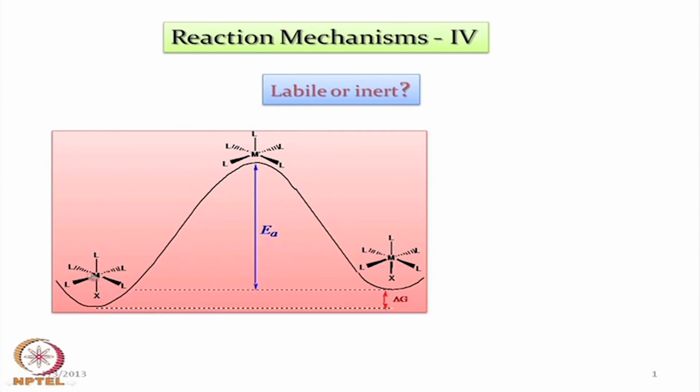That means the bond dissociation energy for the M-X bond will be utilized for the activation of the molecule from the ground state to its excited state, which is square pyramidal in geometry.